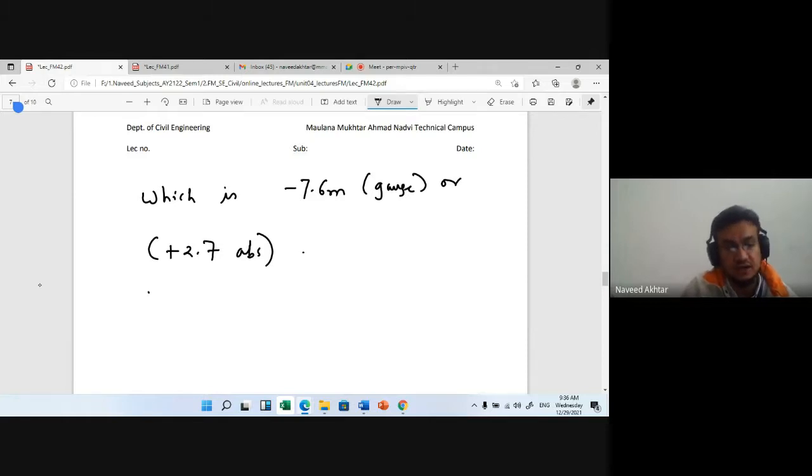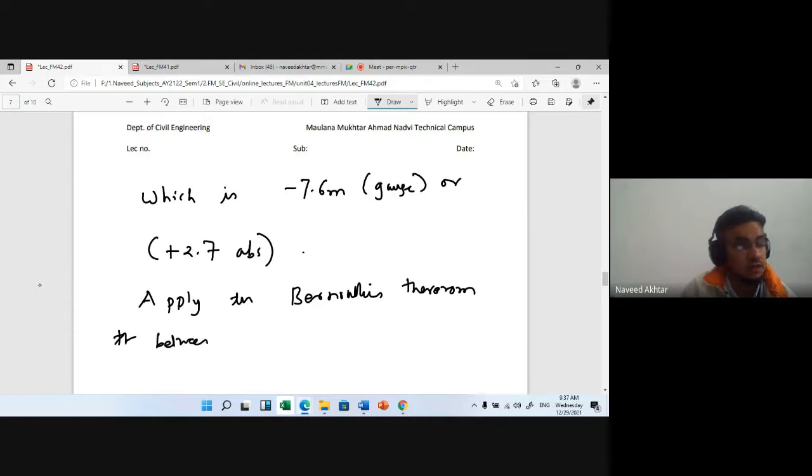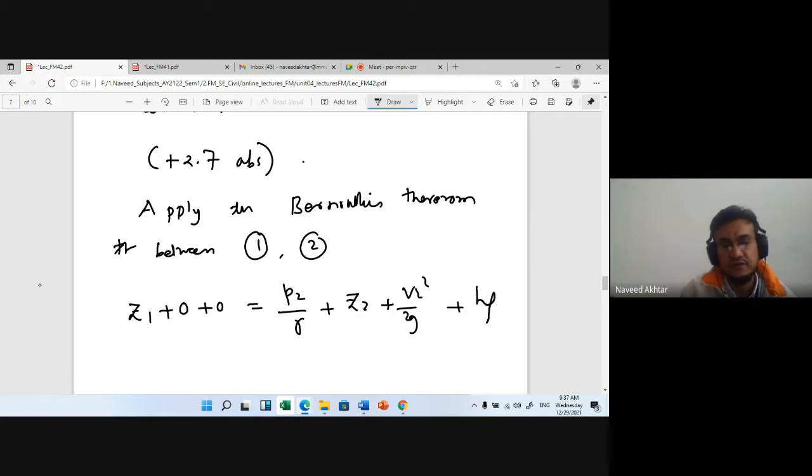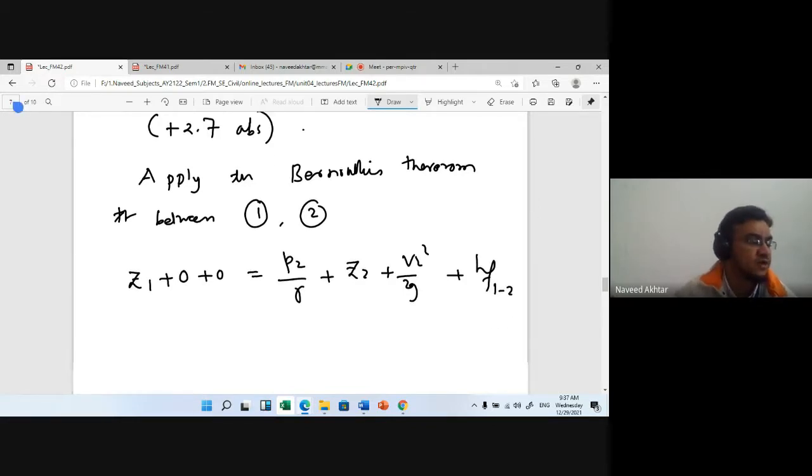And if you apply Bernoulli's theorem for this type of problem between 1 and 2, it will be Z1, at the surface pressure is 0 and velocity is also 0, equal to P2 upon gamma plus Z2 plus V2 square upon 2g plus HF from 1 to 2, the head loss from 1 to 2.